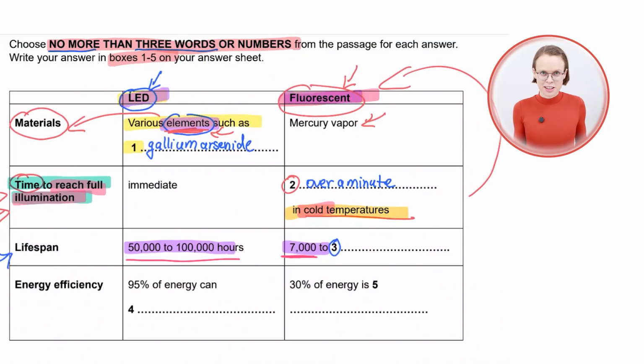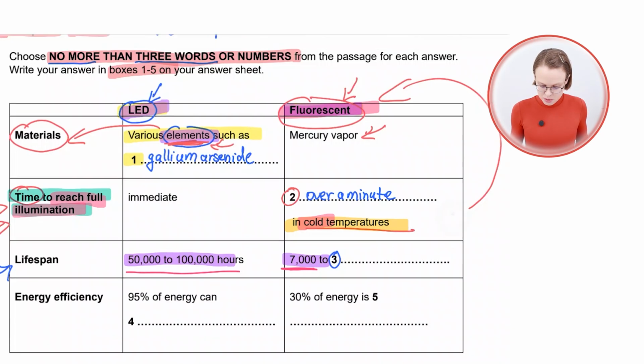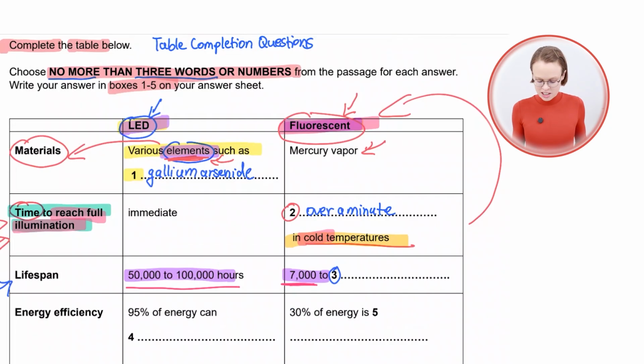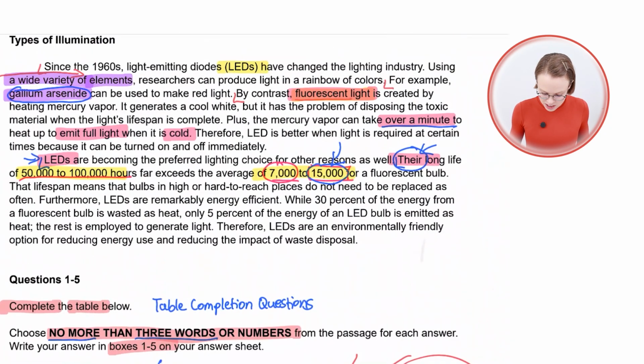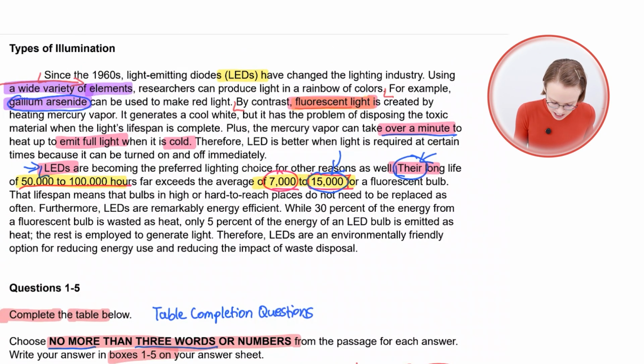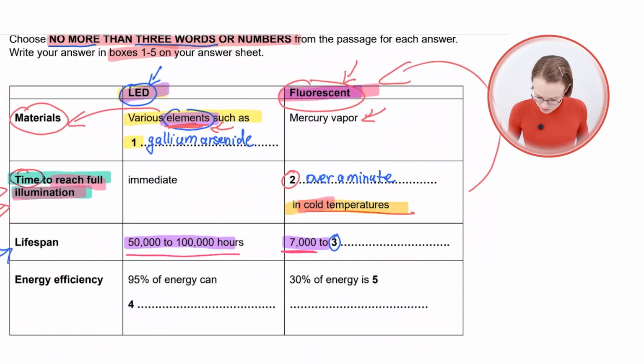What? 7,000 to 15,000 what? The reader has no idea how long it lasts. We need something that tells us what the lifespan of fluorescent bulbs is. And what do we need here? We need the word hours. So here you can see that this question is quite tricky. Here you need to pay a lot of attention so you enter an answer that is logical. We need to enter 15,000 hours.